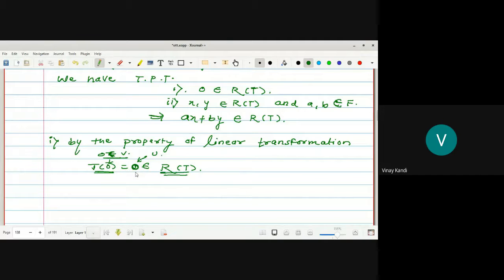That means this 0 belongs to the range space of T. Write it down once again. By the property of linear transformation, 0 maps to 0. So consequently, we have this 0 belongs to the range space of T. So the first condition holds.